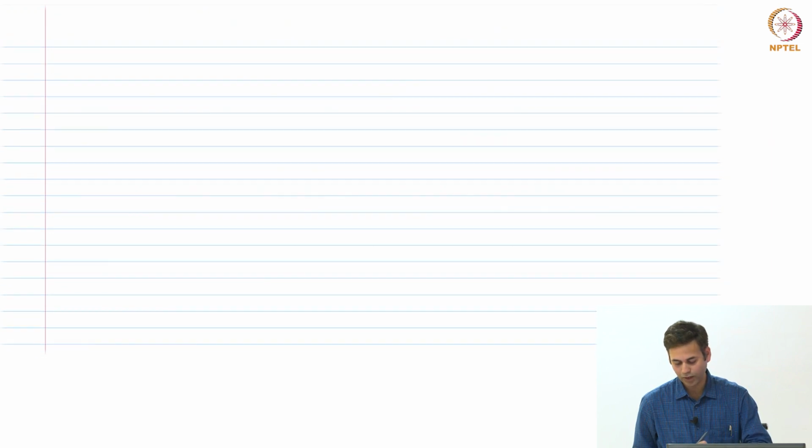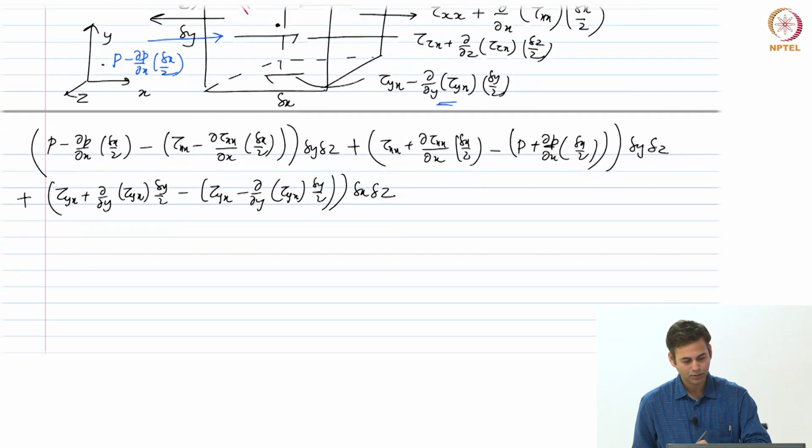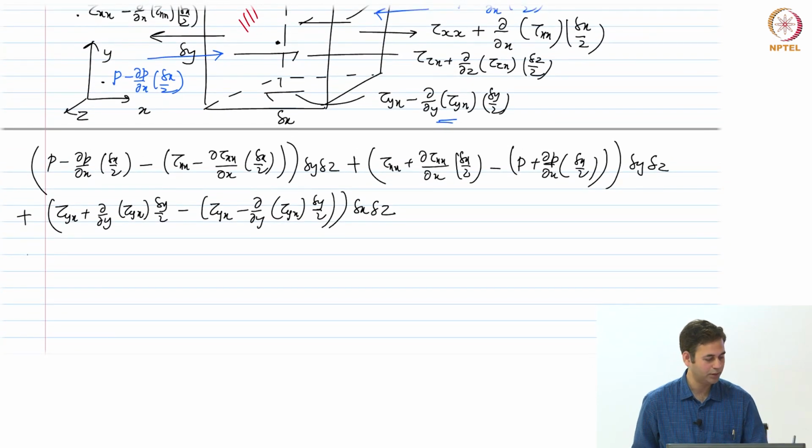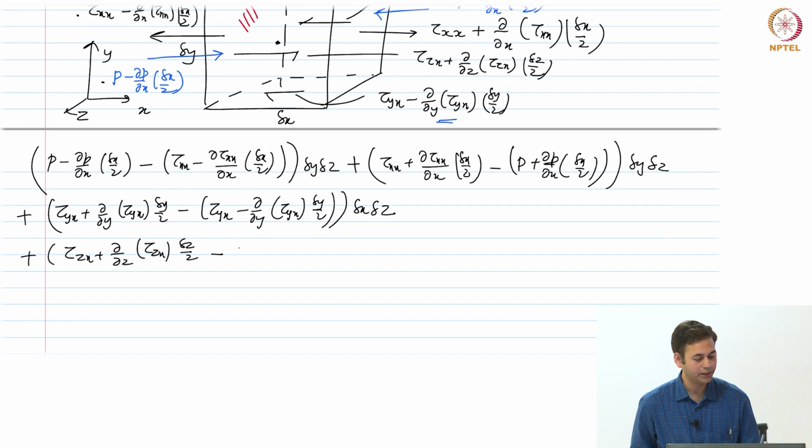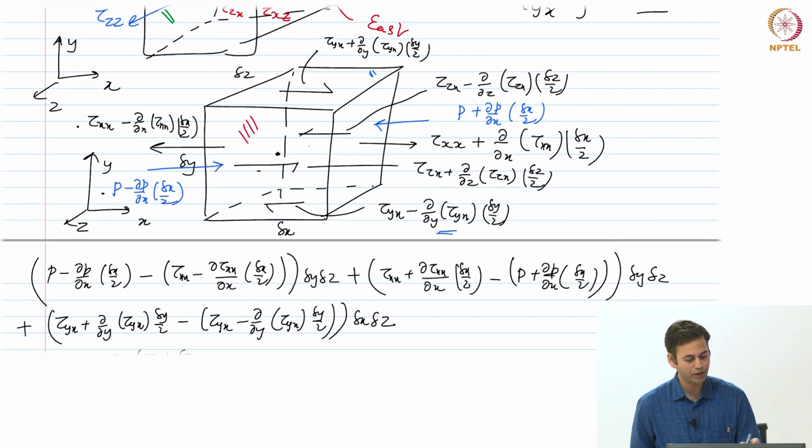And we have one more quantity. Plus we have tau zx plus partial z tau zx delta z by 2, and then we have the tau zx minus the corresponding term, which is actually on the back face, acting in the negative x direction.